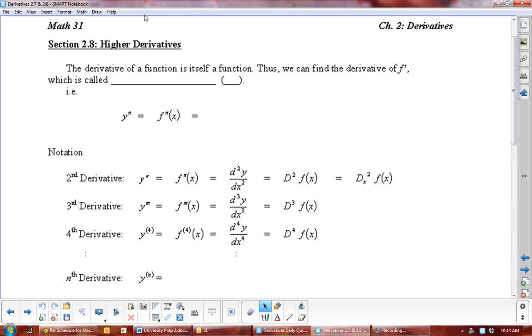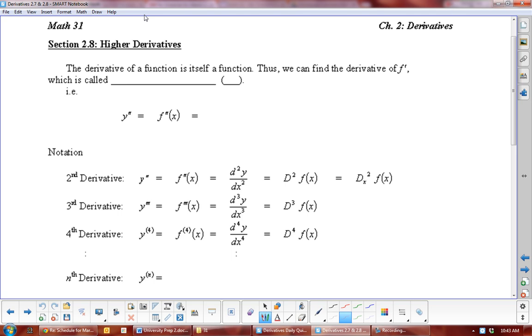So it actually does apply, and you're not often going to have to go to 5 derivatives or 10 derivatives like you may today, but the process that you do every time will be the same.